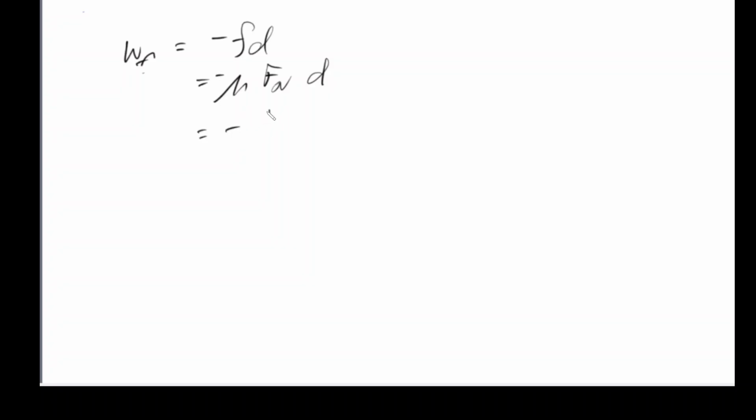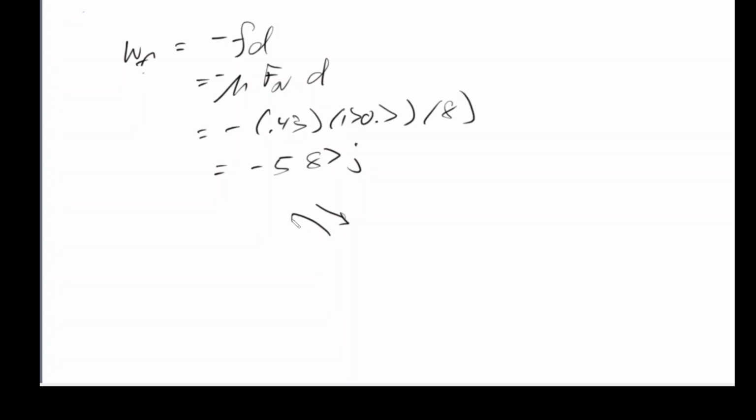It's equal to minus 0.43 times 170.7 times 8, which comes to minus 587 joules. And it's a minus sign because the boy is going down the ramp while the force of friction is working up in the opposite direction.